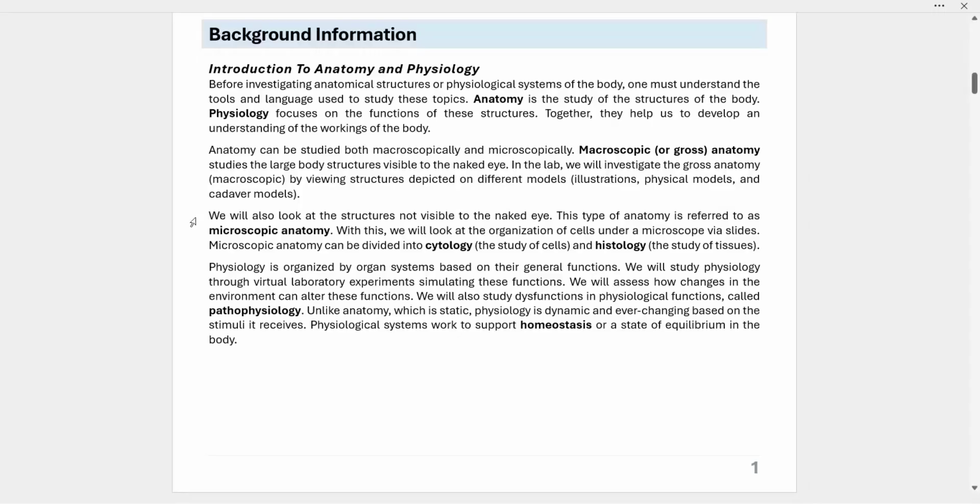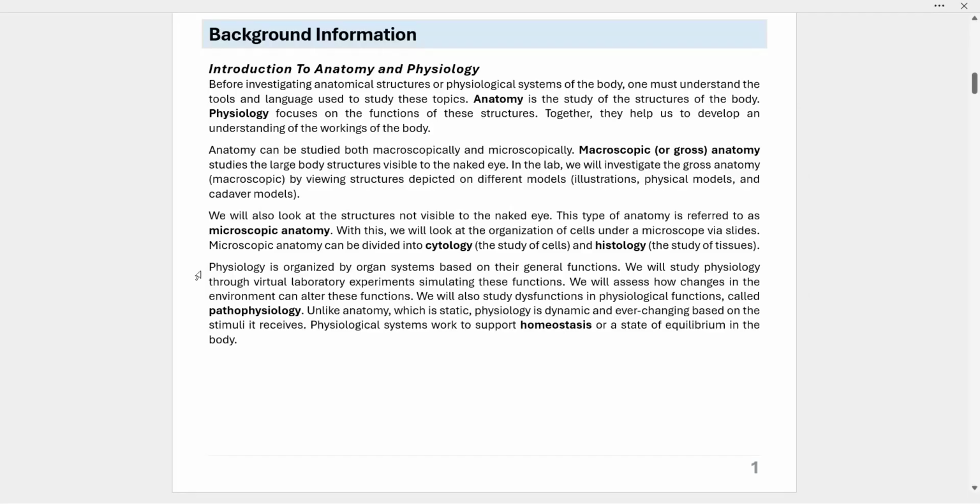We're also going to be looking at structures that you cannot see with the naked eye. This type of anatomy is referred to as microscopic anatomy. With this, we will look at the organization of cells under a microscope via slides. Microscopic anatomy can be divided into cytology, which is the study of cells, and histology, which is the study of tissues.